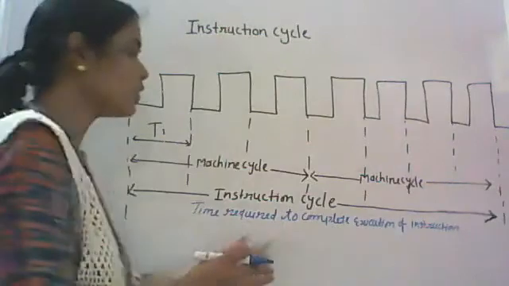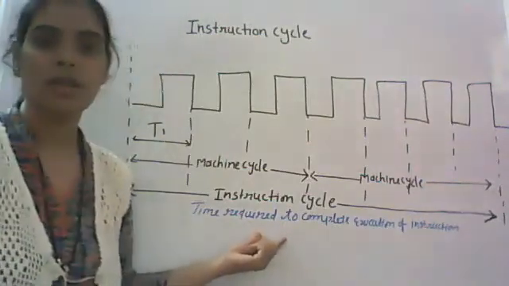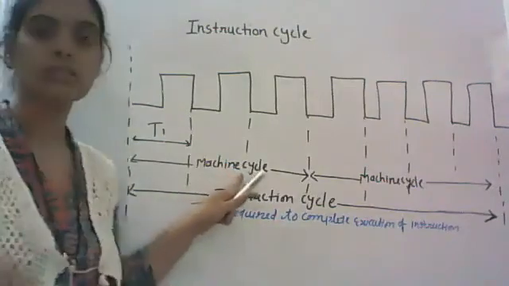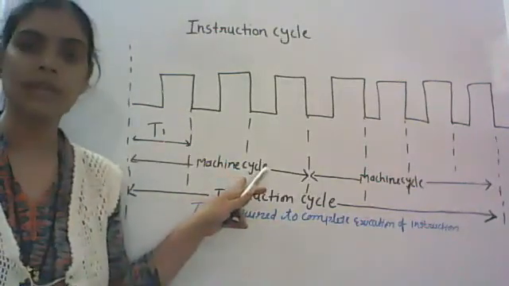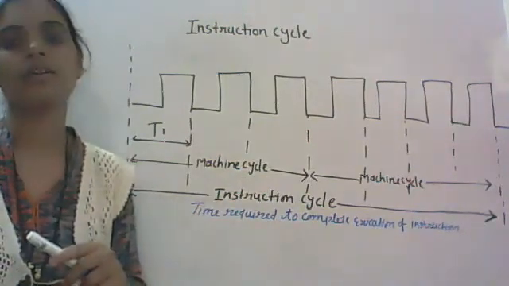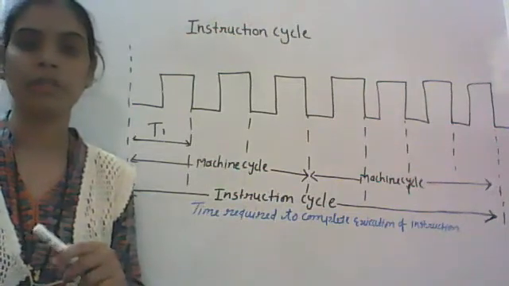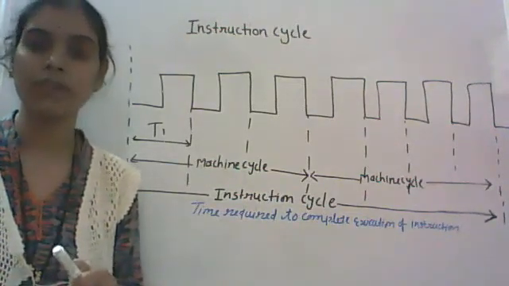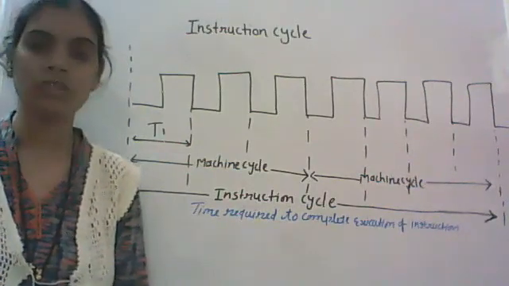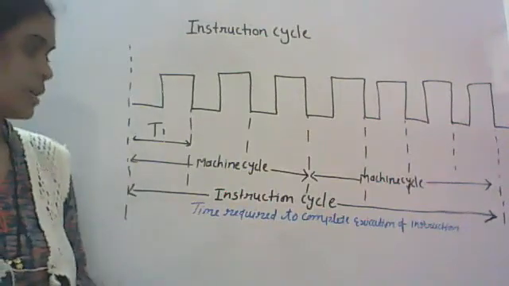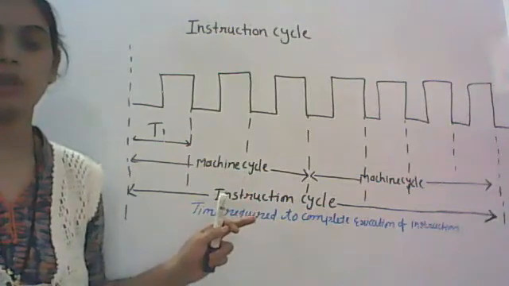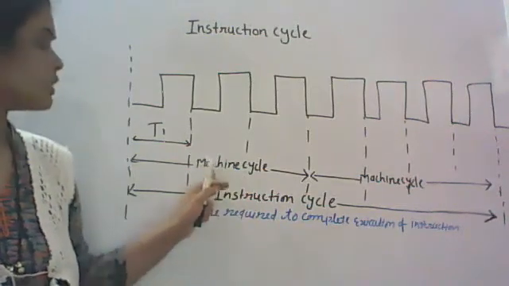Okay, this is the instruction cycle. Next is the machine cycle. The instruction cycle is the time required to complete execution of an instruction, and each memory or IO operation requires a particular time period, called a machine cycle.